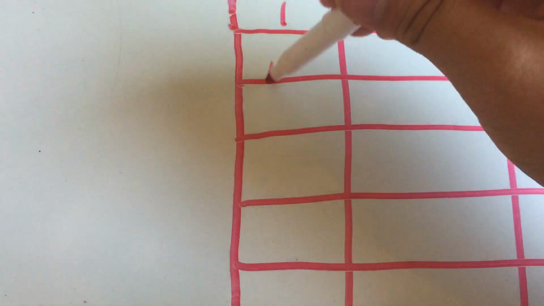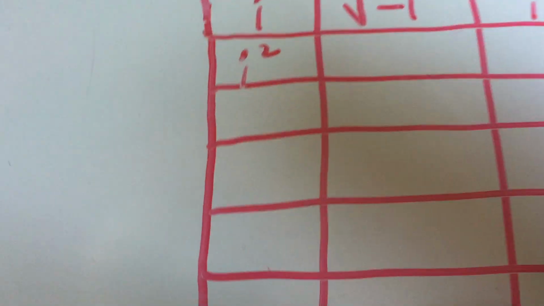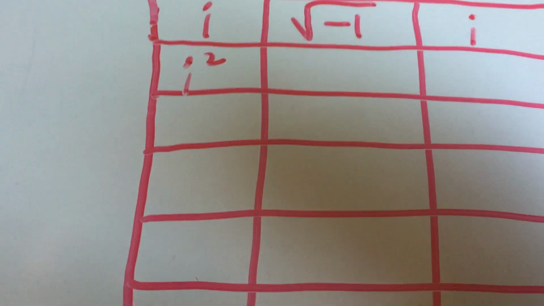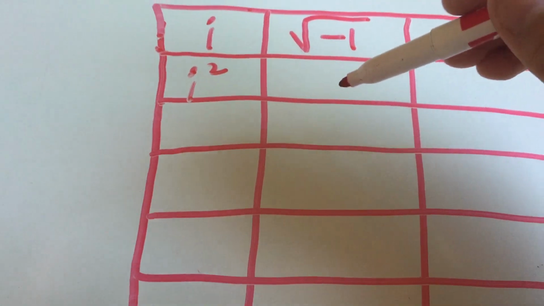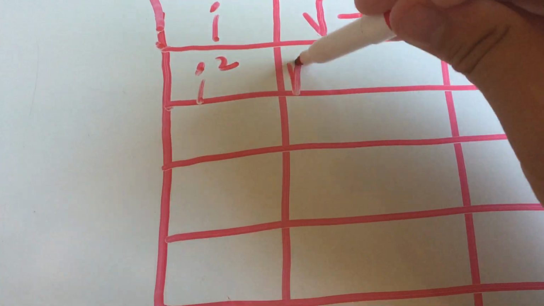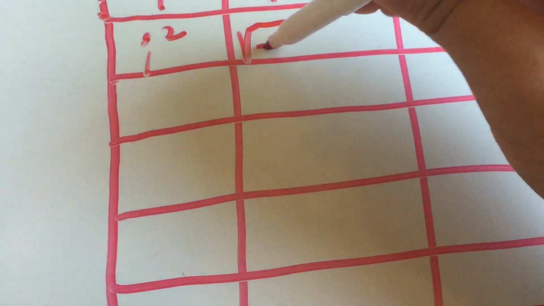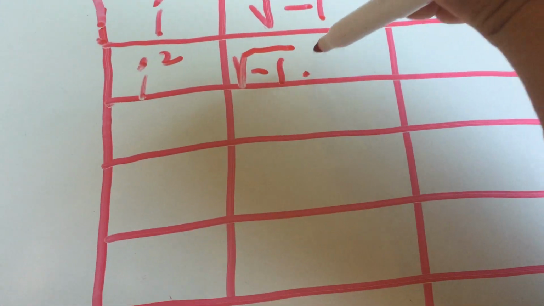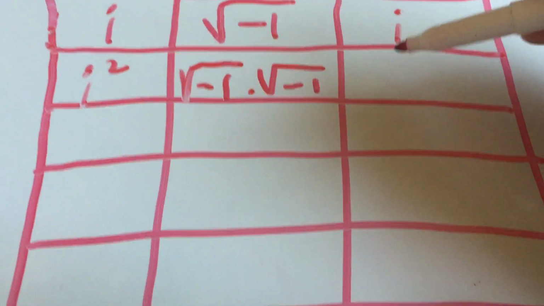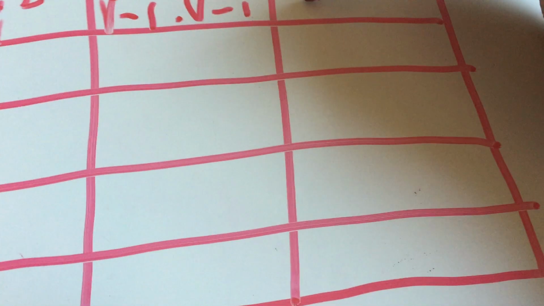When there's i to the power of 2, or a remainder of 2 when you're dividing, it will be the square root of negative 1 times the square root of negative 1, and that gives you negative 1.